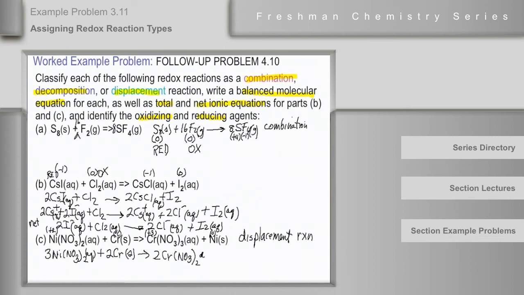There's our 6 nitrates, aqueous, plus 3 nickel solids. So there's the balanced chemical equation.